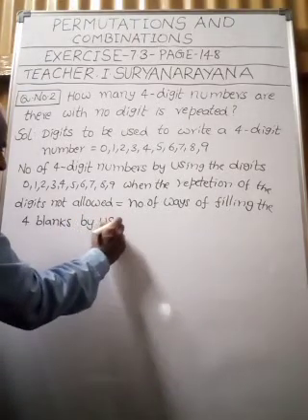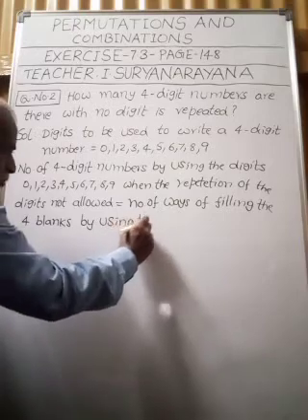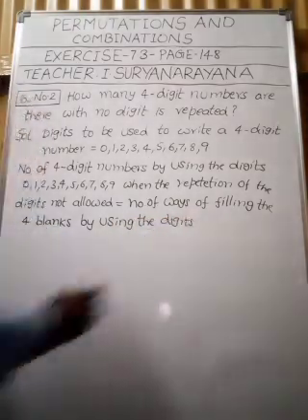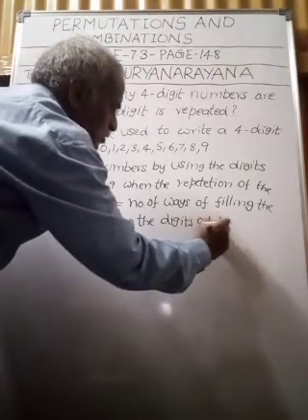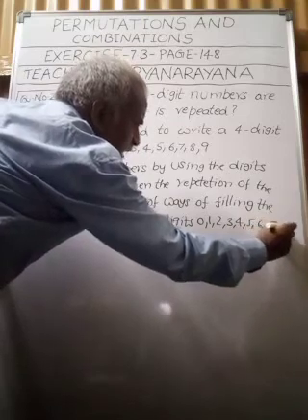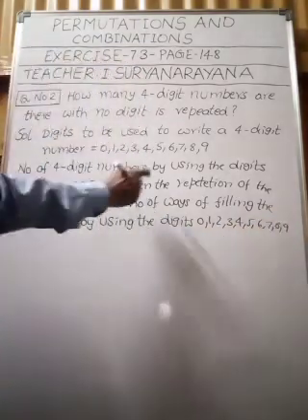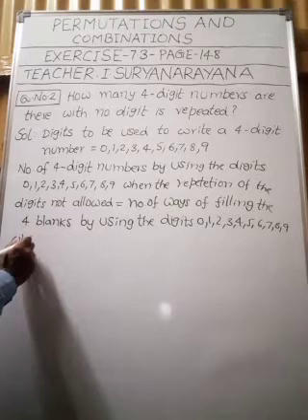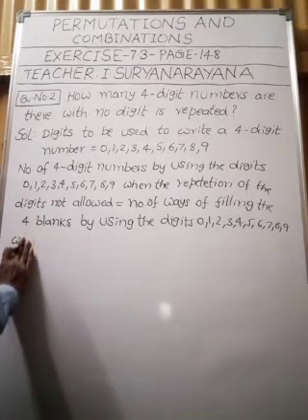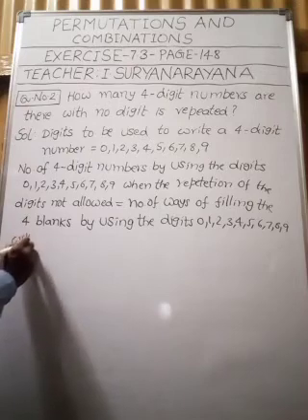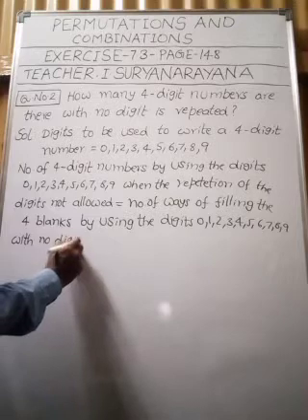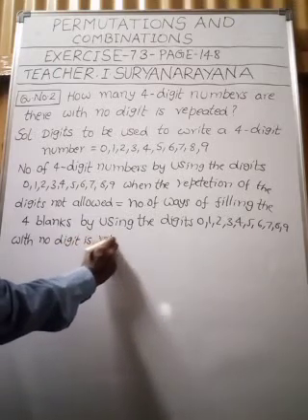So the number of ways of filling the 4 blanks by using the digits 0, 1, 2, 3, 4, 5, 6, 7, 8, 9, with no repetition allowed, with no digit repeated.